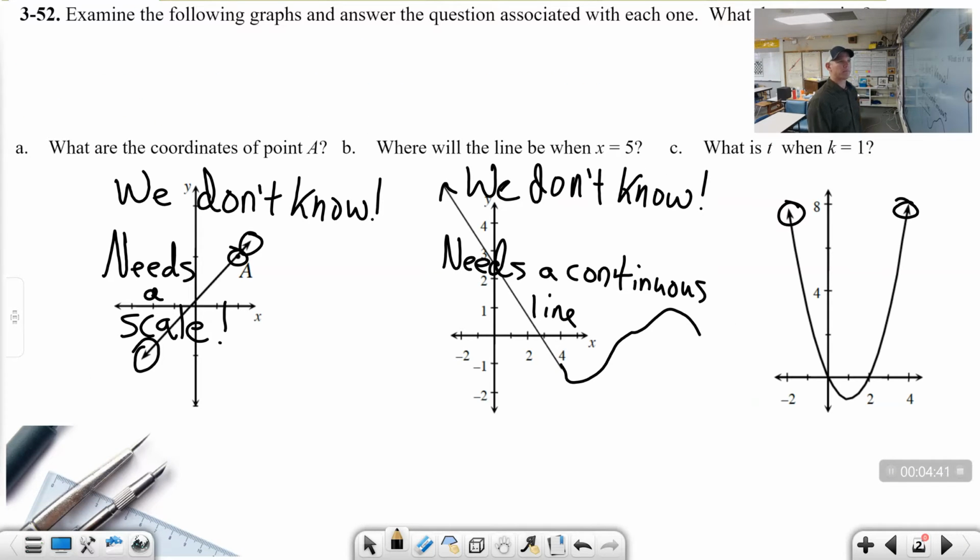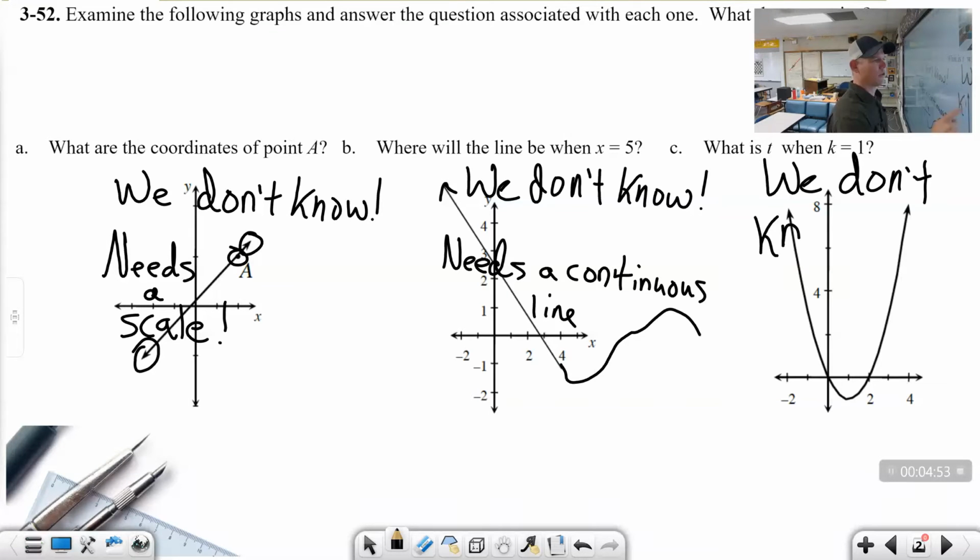Problem letter C. What is t when k is 1? Correct answer? That's right. We don't know. But why don't we know? Well, I want you to notice in this problem, the independent variable is x on the x-axis, the dependent variable y on the y-axis.